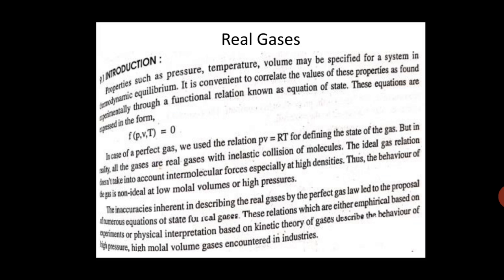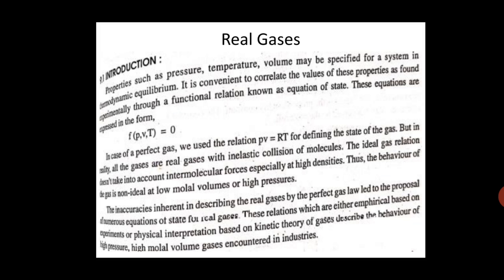There are some scientists who found that there is a difference between ideal gases and real gases, and thus they have come out with proposals, various equations of state for real gases.